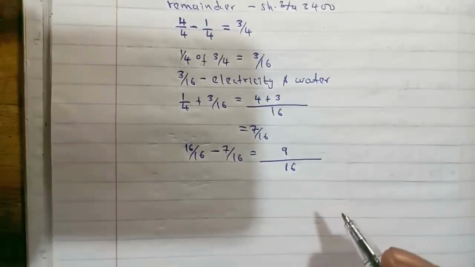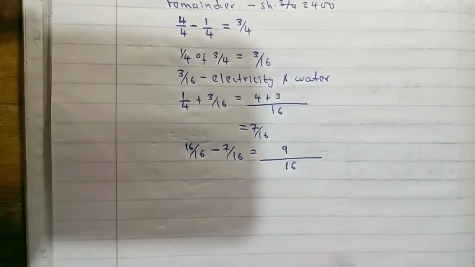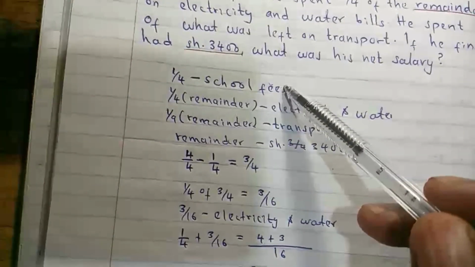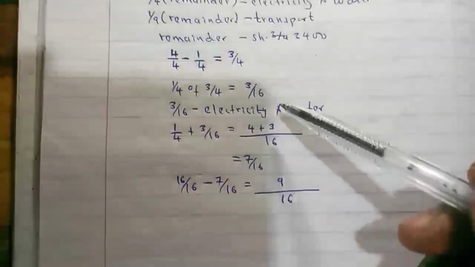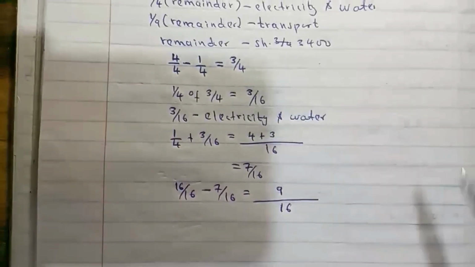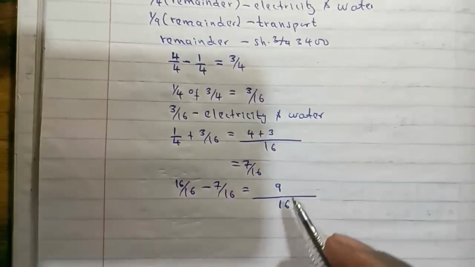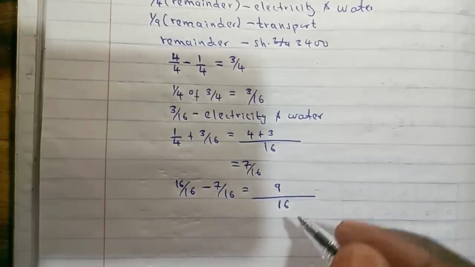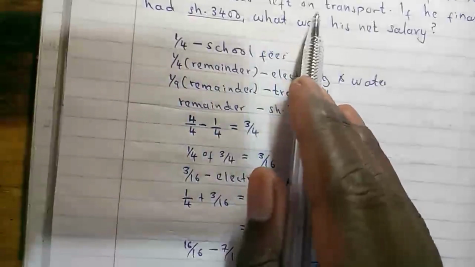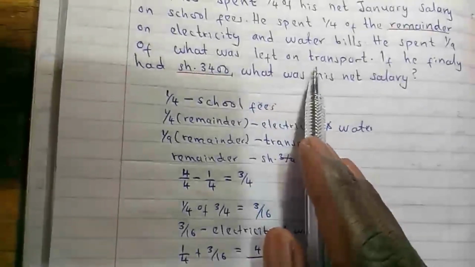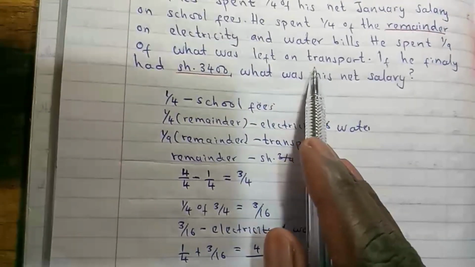So 9/16 is what remained after spending a quarter on school fees and 3/16 on electricity and water bills. So this is what was remaining. He spent 1/9 of what was left on transport.